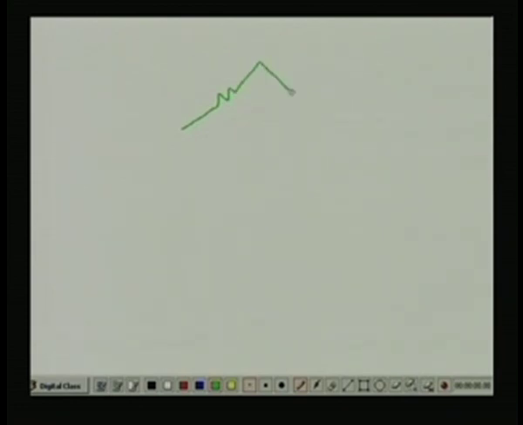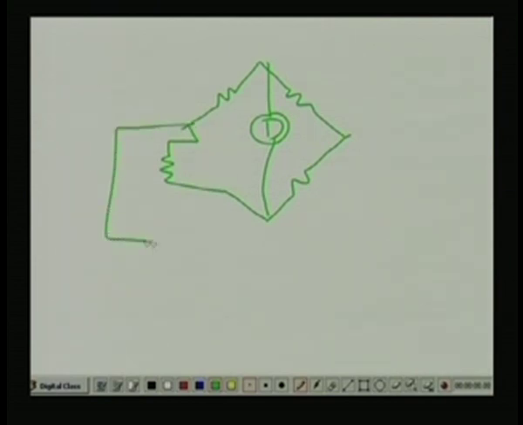Suppose I have a circuit like this one, with R1, R2, this is our RT and this is our R3.